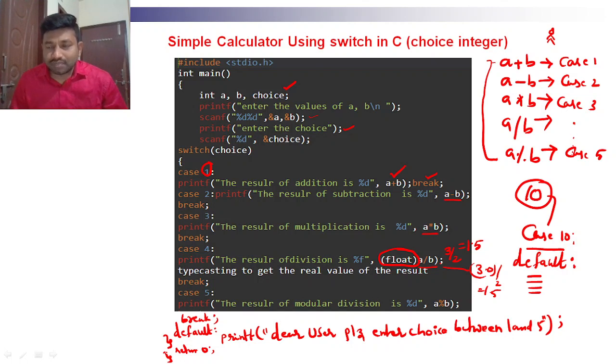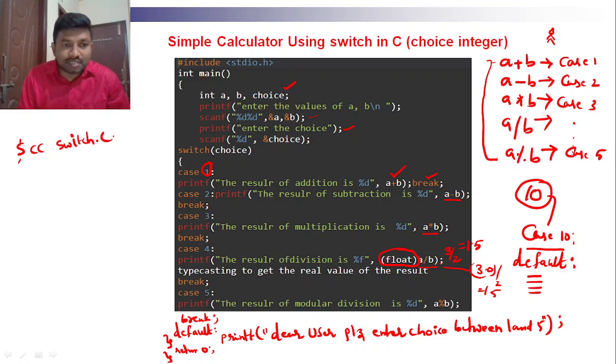So fine, this will be working as a simple program. When you execute this program, in fact on a Linux environment, you will be executing this as cc space switch.c, the program name is switch.c, and then dot slash a dot out.